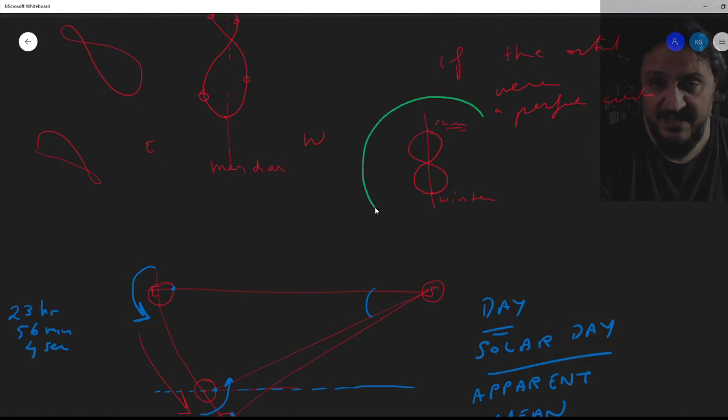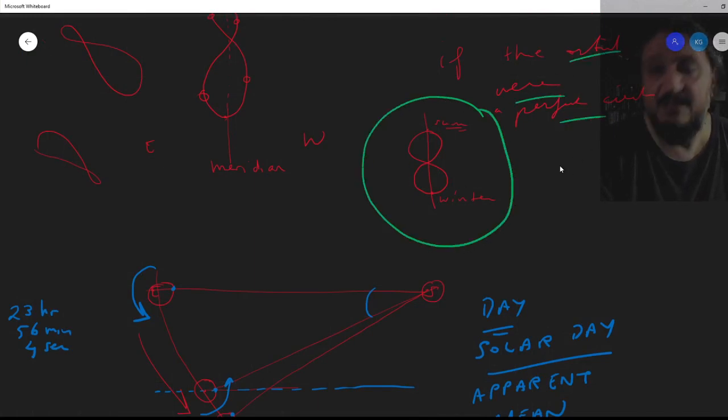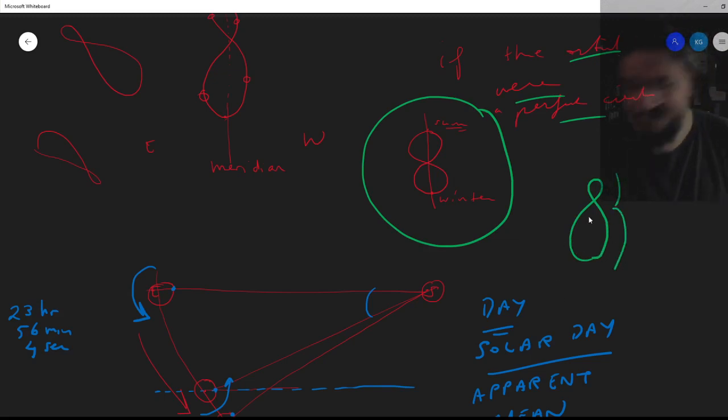Now this would be the case when the orbit were a perfect circle. Now that it's not a perfect circle, the 8 looks more like this. Okay, so this side is bigger than that side. So, long story short, the elliptic nature of this orbit is detectable. And people have known about this for centuries. Okay?